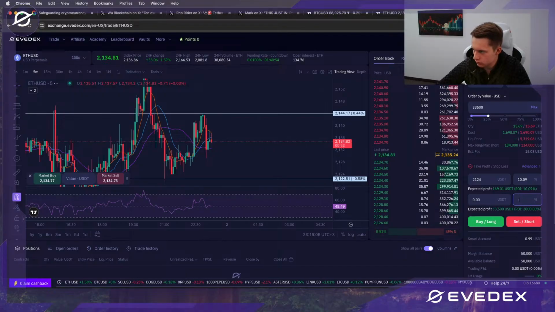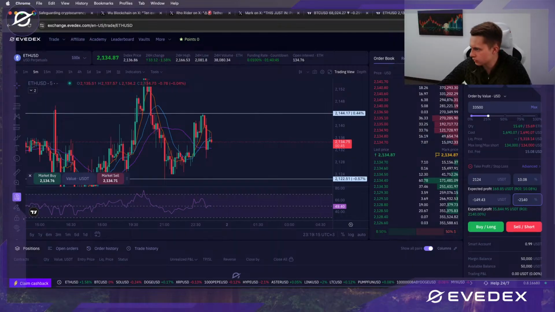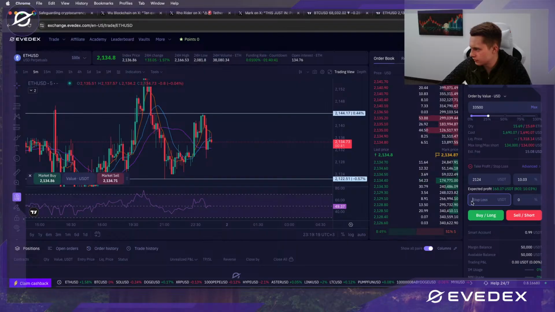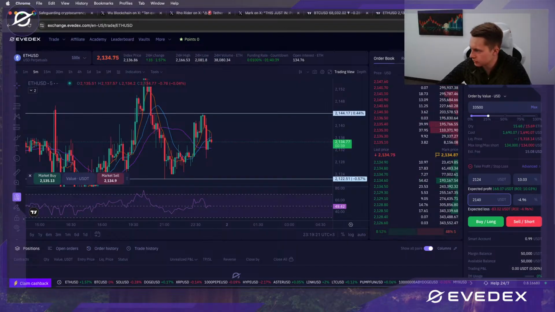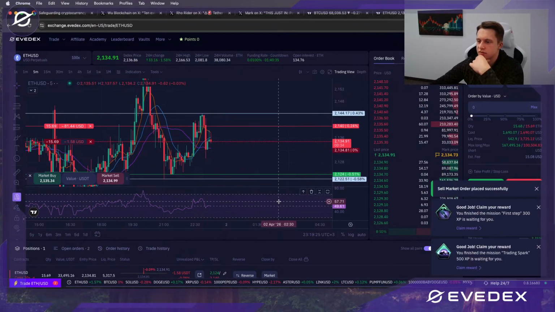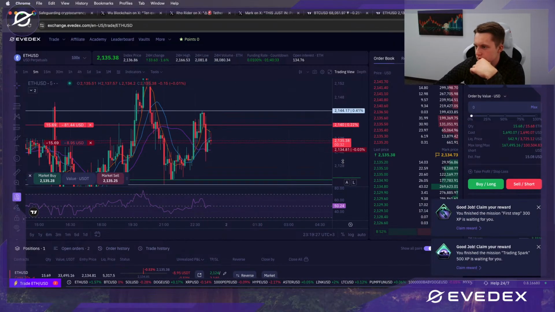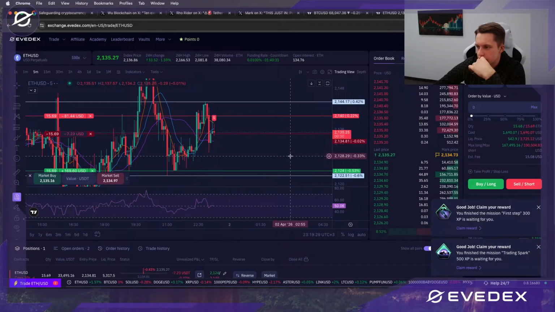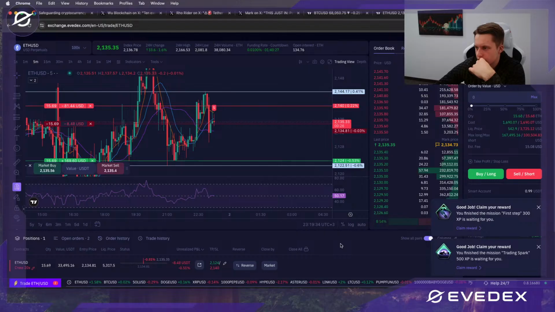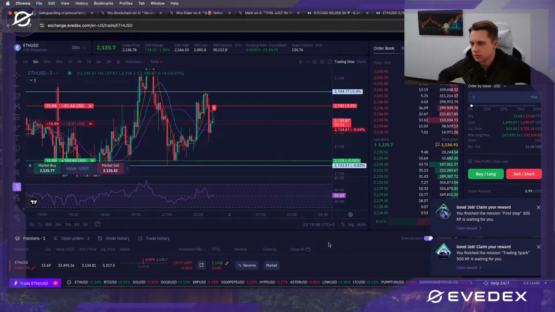We'll do 2,140. Now we need price 2,140. That seems about right. So there we go. That trade is in, and now we are gonna wait and see what happens.